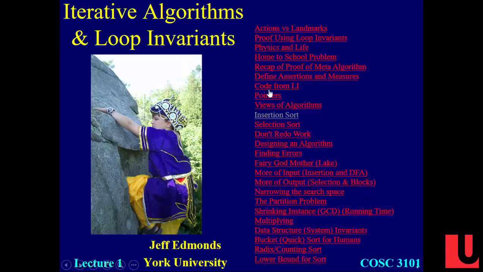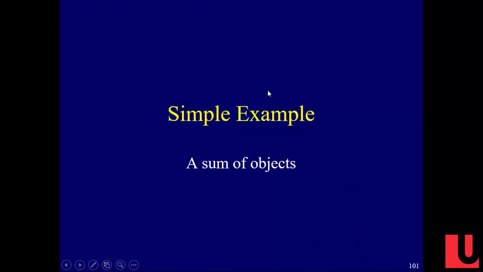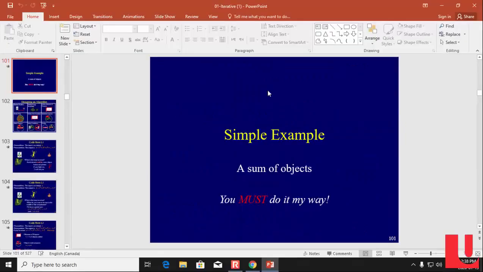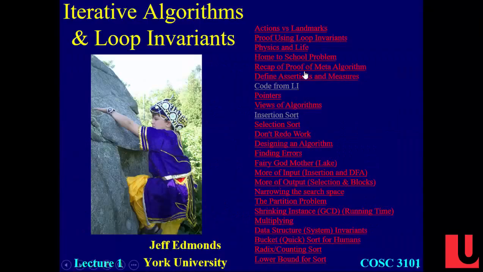Oh! Code from loop invariance? What's that? No, that's not it. Nope. I made the slides, but evidently I didn't upload them. So if you want to see them, we can see them next class. All right? It's not there. All right, so let's go back to this.